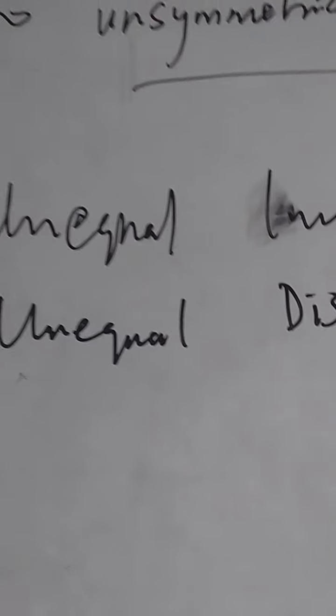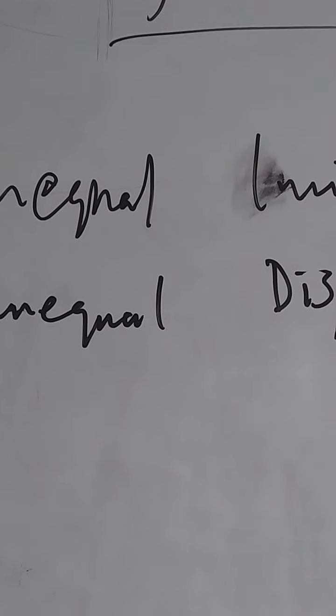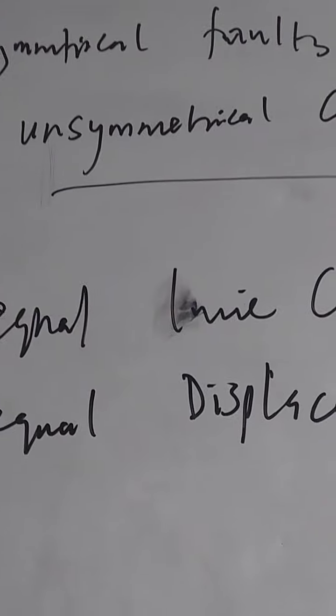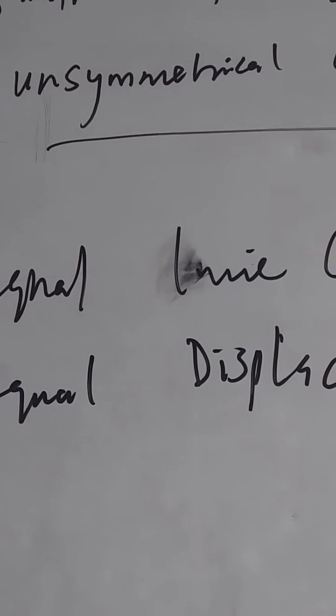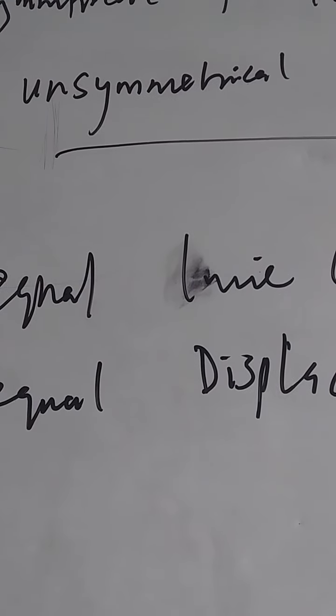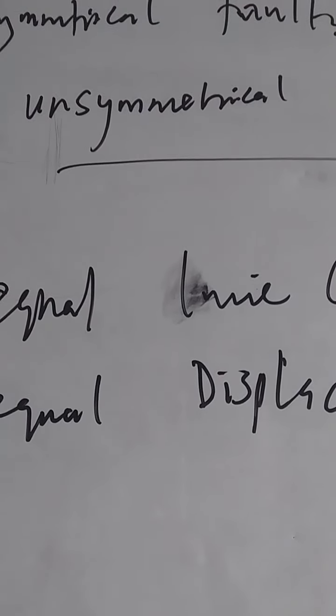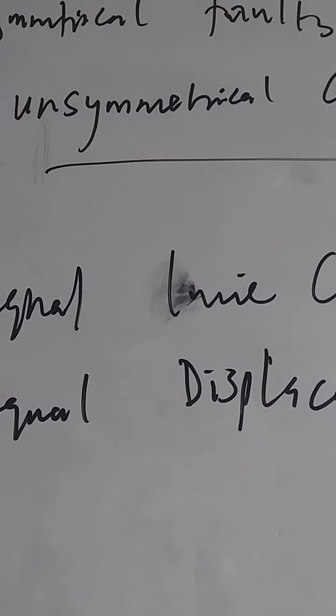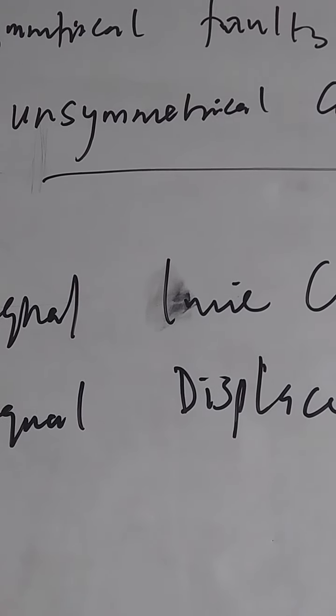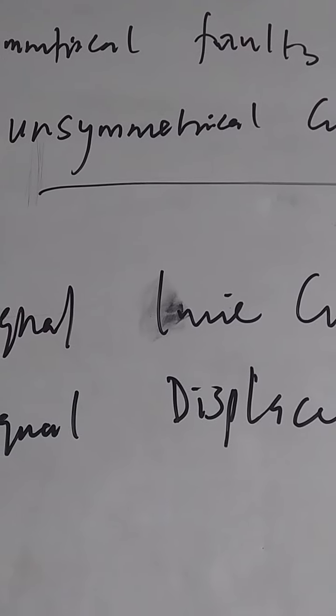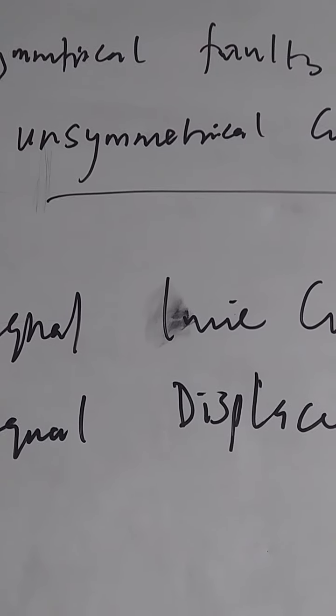So the magnitude will be unequal, and the phase displacement will also be unequal. Now, when the unsymmetrical fault occurs, the current in the three lines will become unequal as well as the phase displacement. But unsymmetrical applies only to the fault itself and the resulting line currents.